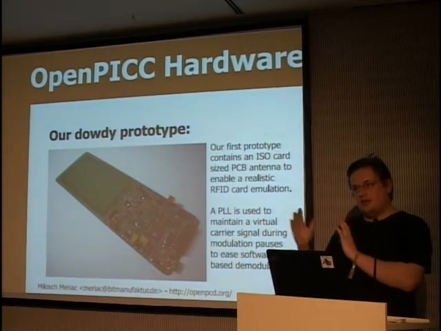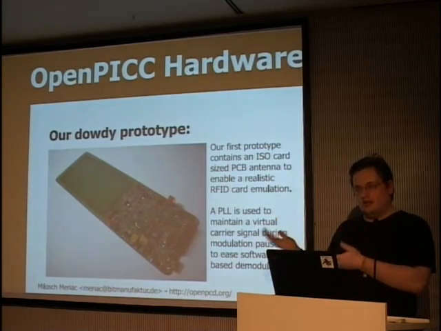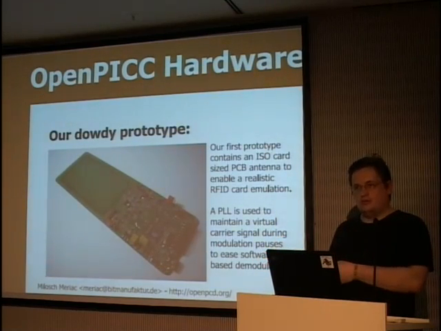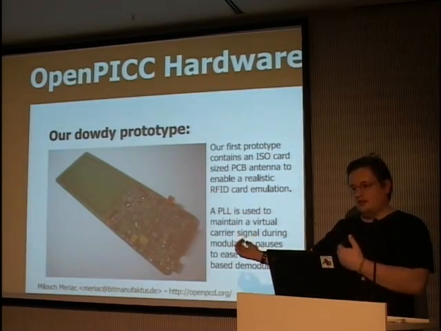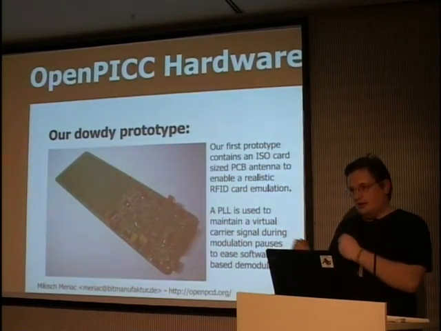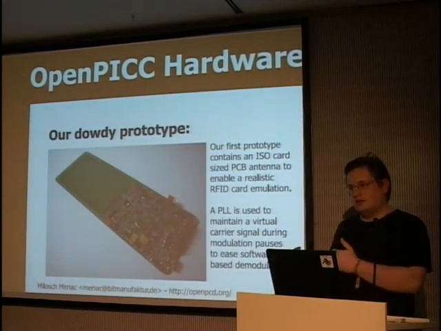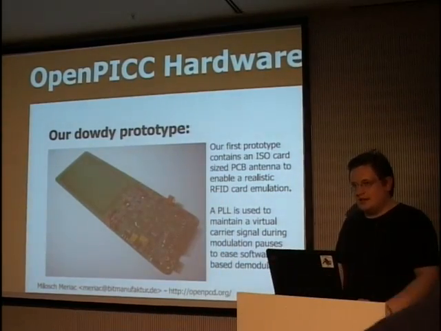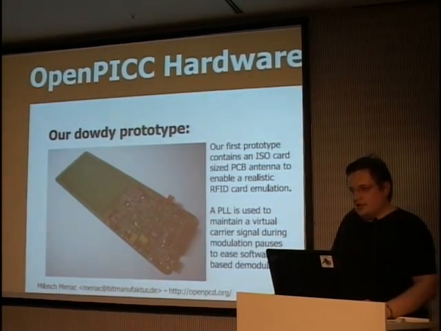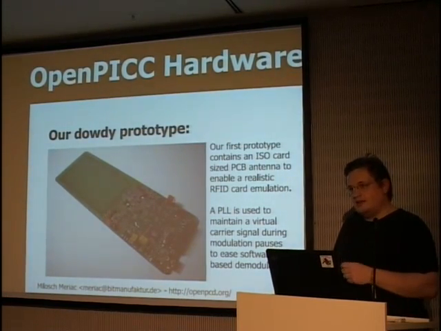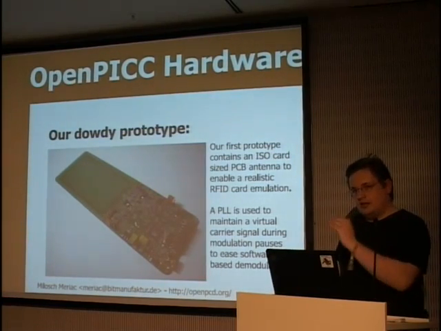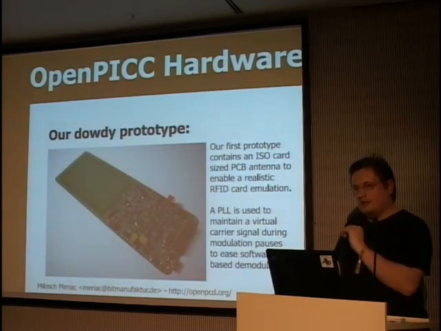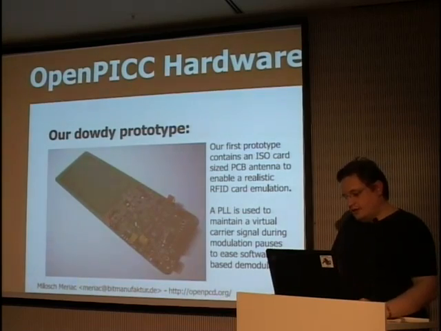For example, the pulse width ratios won't match anymore because each modulation pause will only be 1 or 2 clocks instead of the real amount of clocks, and you had to do dodgy hacks to get meaningful signals out of that. So therefore we decided it's a good idea to use a PLL to lock it to the carrier signal, and to use this to maintain the carrier phase correct while the carrier signal is away during a modulation pause.